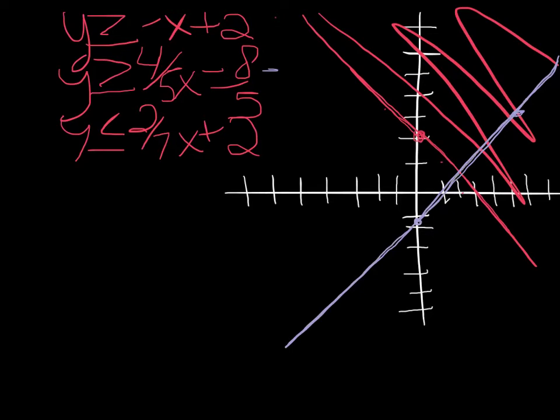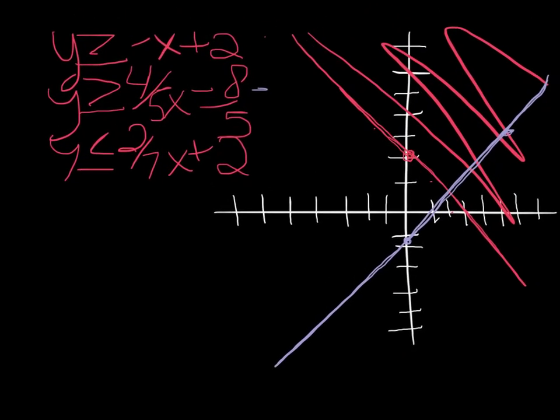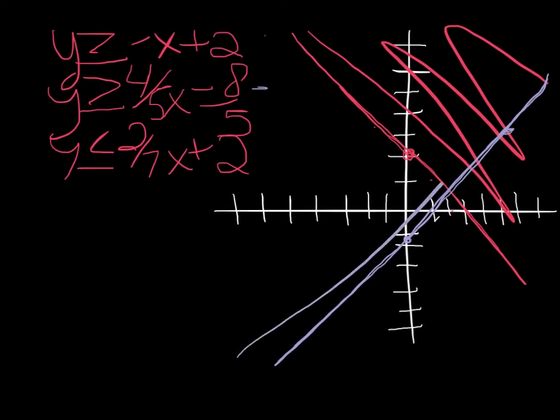Now a point that's not on the line to test for greater than or equal to is 0, 0. So 0 is greater than or equal to negative 8/5. And it is greater than, so you shade the region with 0, 0 in it.